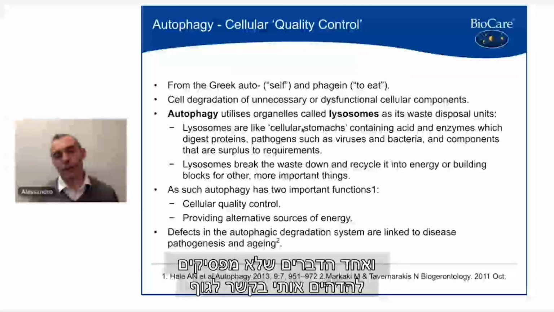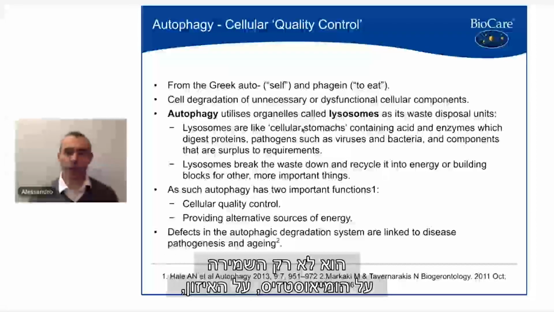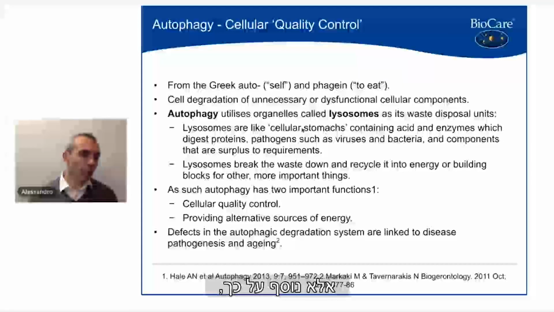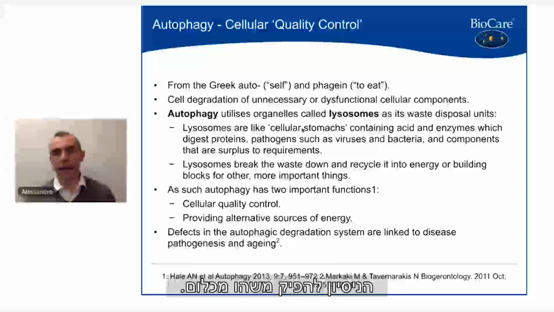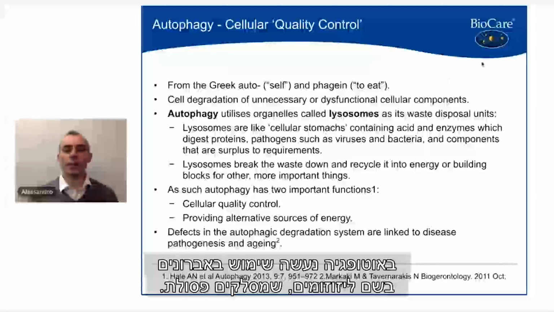One of the things that keeps amazing me about the body is not only the maintaining of homeostasis, the balance, but in addition, how efficiently it can regenerate tissue and waste disposal in order to get benefits, trying to get something out of nothing. Autophagia utilizes organelles called lysosomes, and these eventually end up as disposal units.